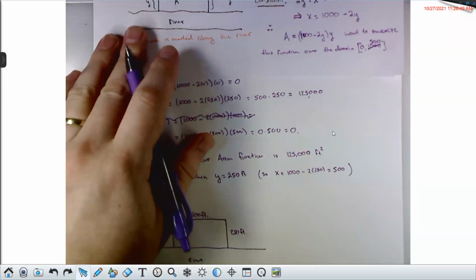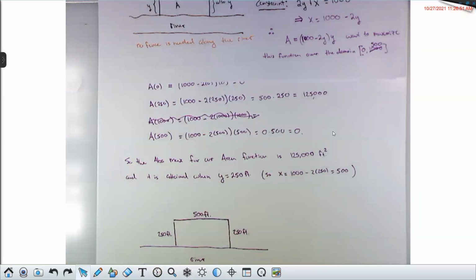If I want to, I change the y to the x. So I solve for the x first. So the x interval is 0 to 1000, right? That's correct.